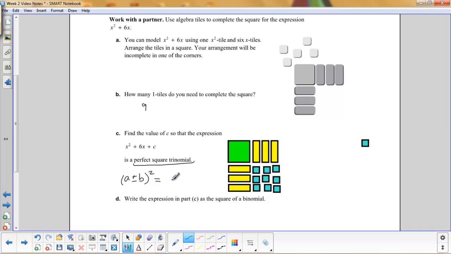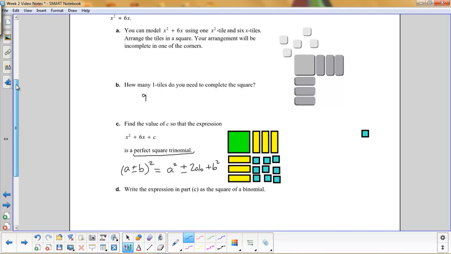And that always turns into a squared plus or minus 2ab plus b squared. The plus or minus will change only the second term there. So we need to figure out, by completing the square, what the perfect square trinomial is.